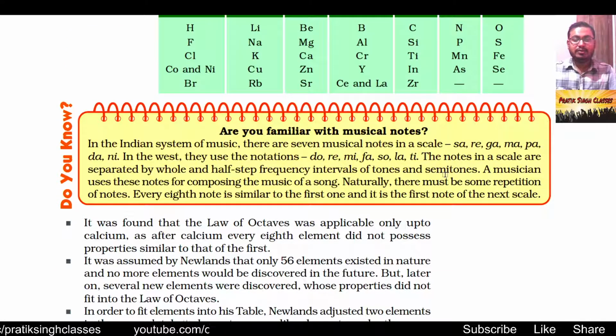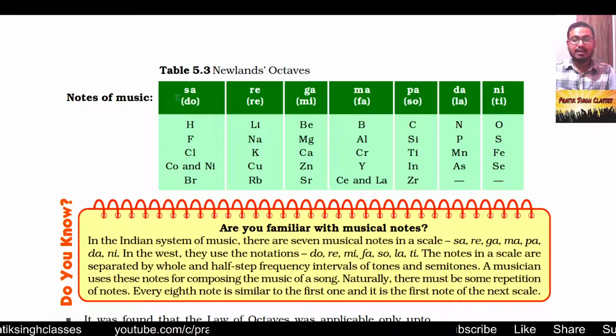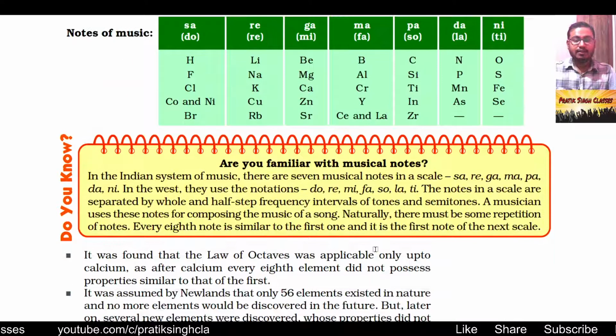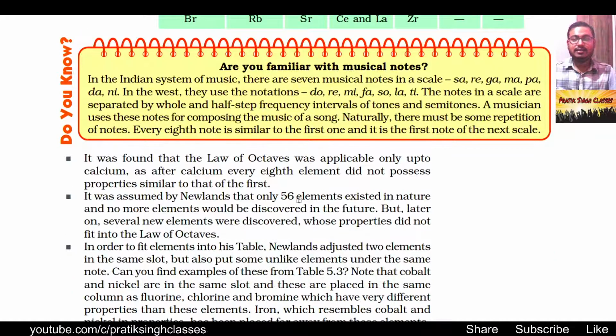Are you familiar with the musical notes sa, re, ga, ma, pa, dha, ni, sa, and how they are arranged? In the Indian system of music, there are 7 musical notes in the scale, sa, re, ga, ma, pa, dha, ni, and again it comes to sa, meaning the first and the eighth resemble each other. The Western world uses the notations do, re, mi, fa, sol, la, ti, and again it comes to do.